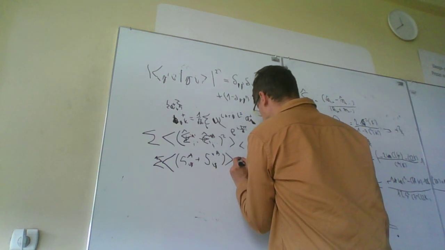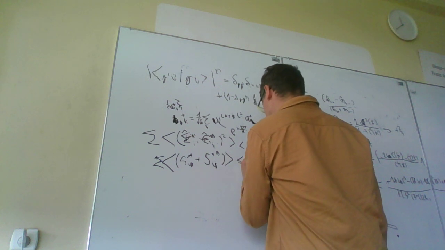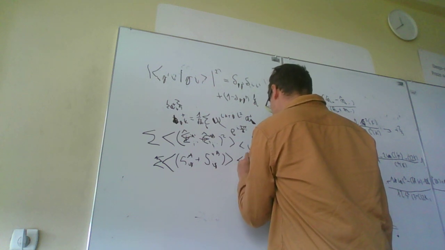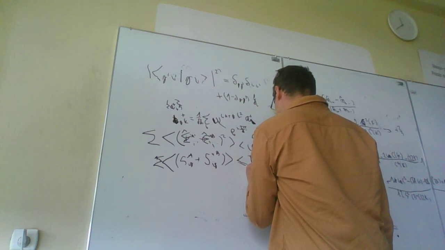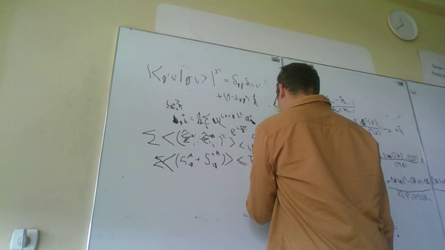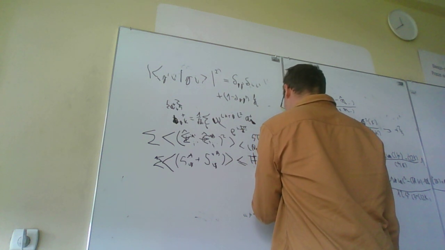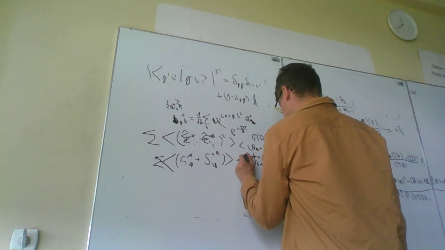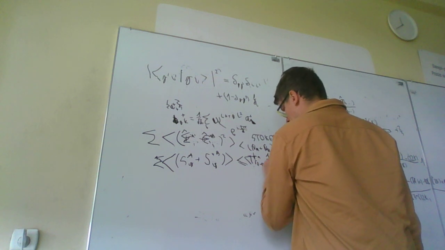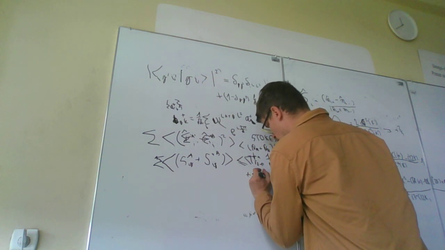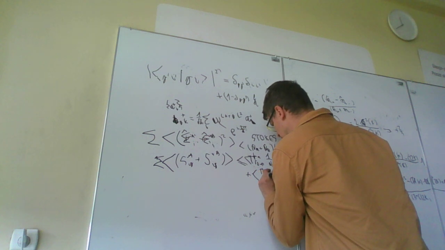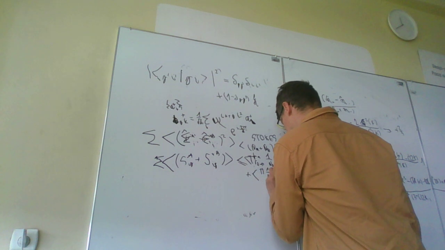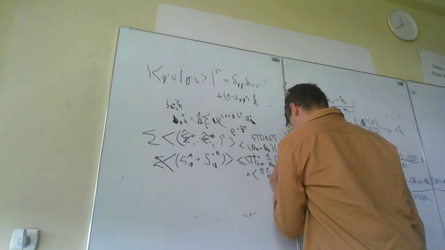So this should be less than or equal to the projection on the non-vacuum part: 1 minus omega on A, 1 over N_A, projection on the non-vacuum state, plus projection on the non-vacuum state, 1 over N_B, and projection on the vacuum state.